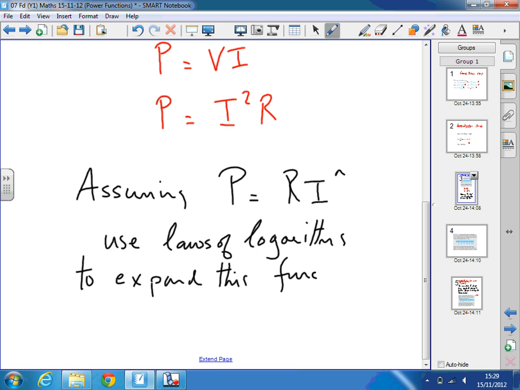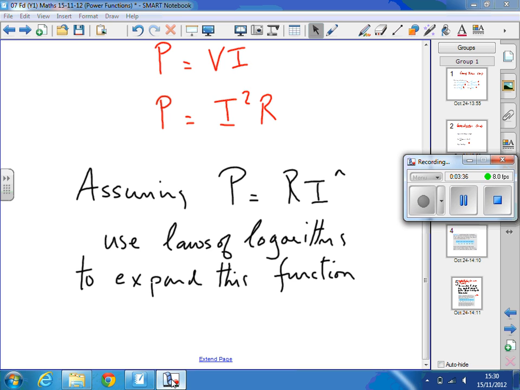We use the laws of logarithms to expand this function.